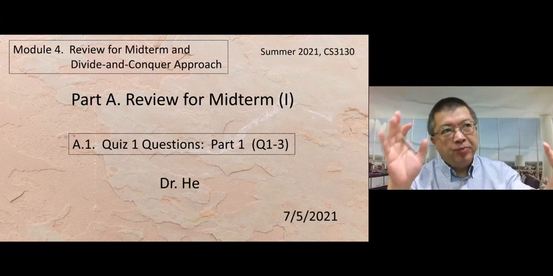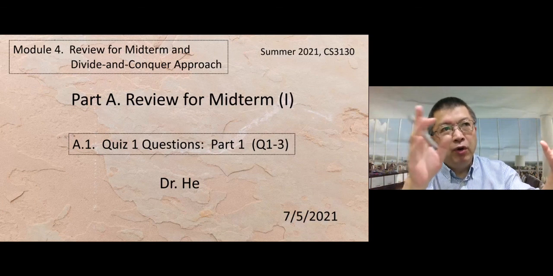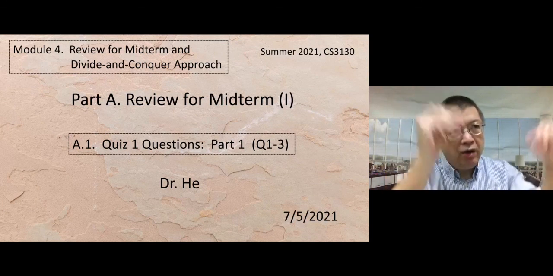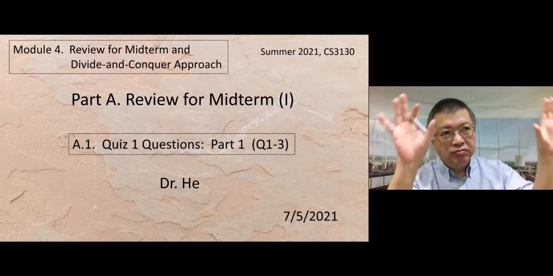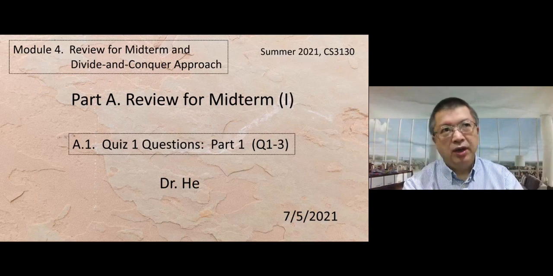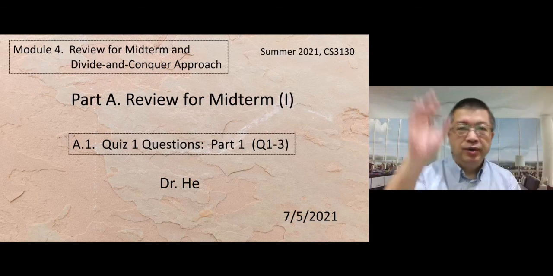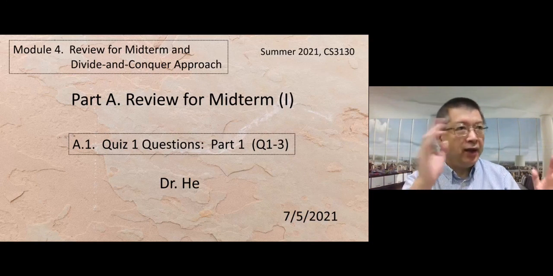So you can see that will make our Module 4 a little longer. Actually, it covers 2 weeks. 1 week for review, 1 week for divide and conquer. Something like that.